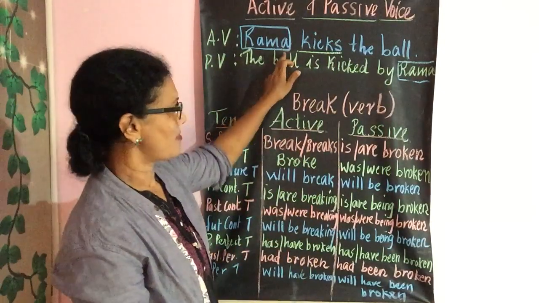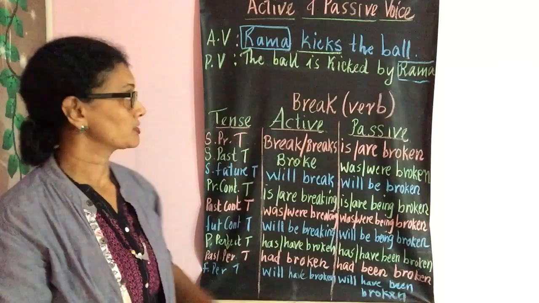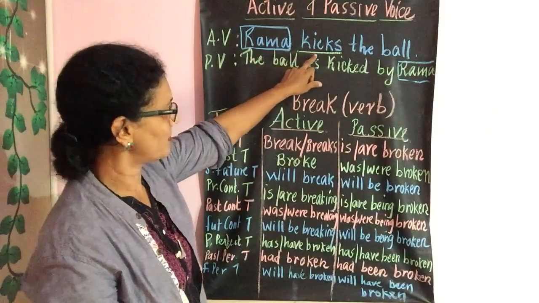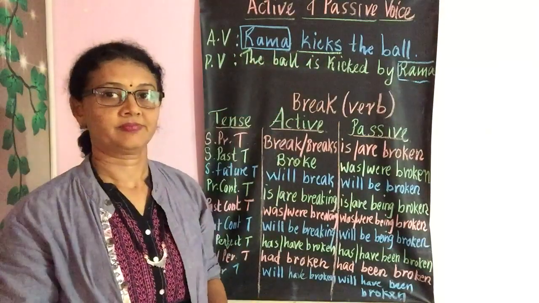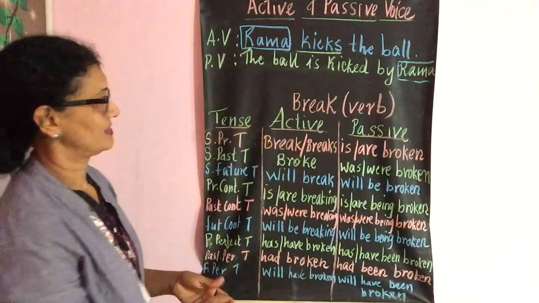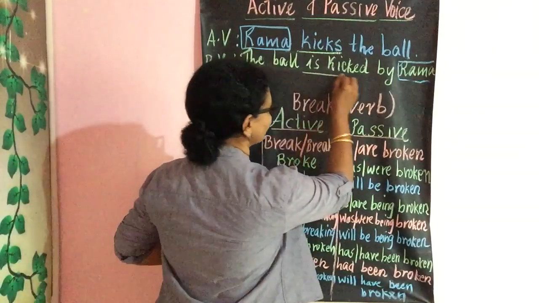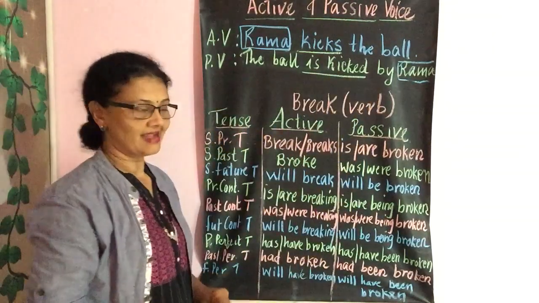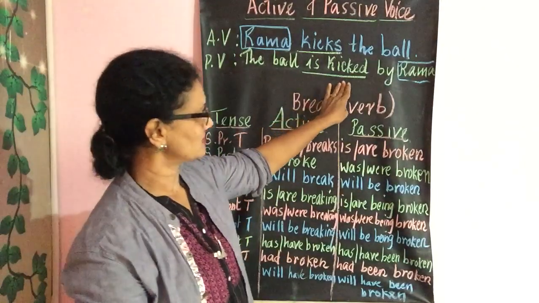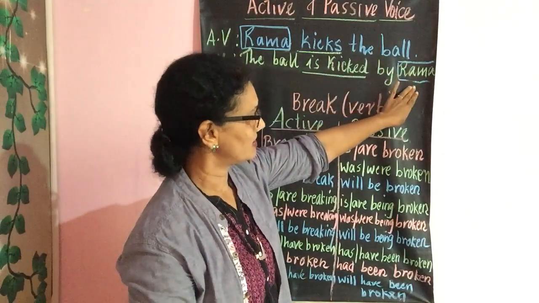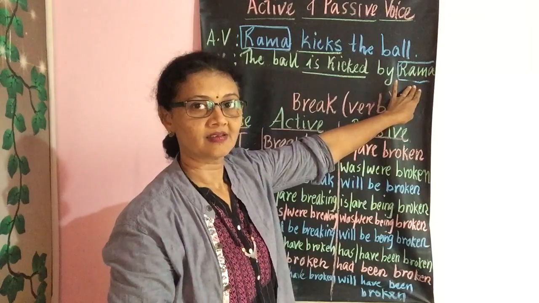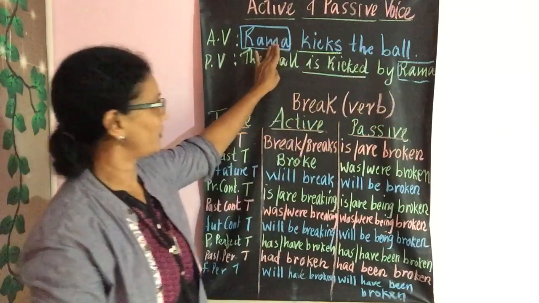And the subject is Rama. So, subject is working upon the verb. In the second sentence, the verb is kicked, and the recipient of this action is Rama, who is the doer of the action here.